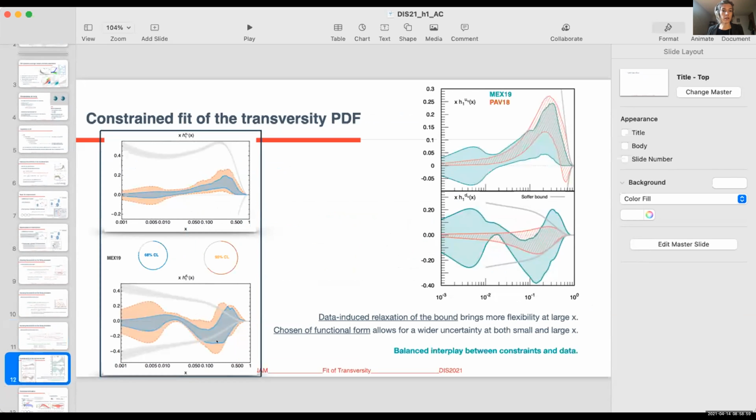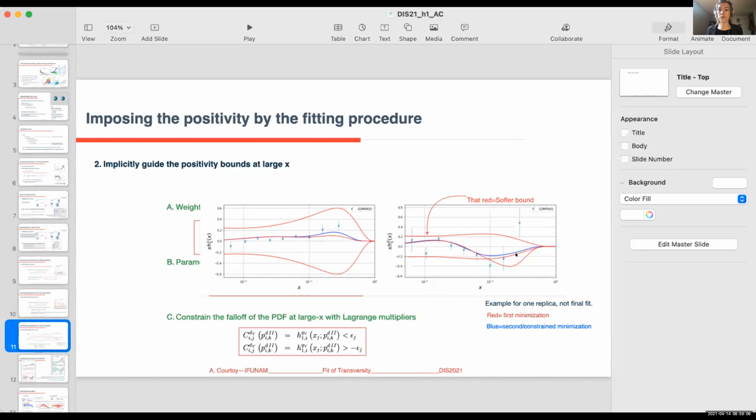Those guys will be really happy here, right? So we don't do that. So that was the idea. Instead of sticking to this soft bound, we remove this red curve, and that was the contribution of this paper. We don't impose this, and we think this fitting procedure with a different functional form allows those points to be included in the fit, to be actually covered by the fit, right?